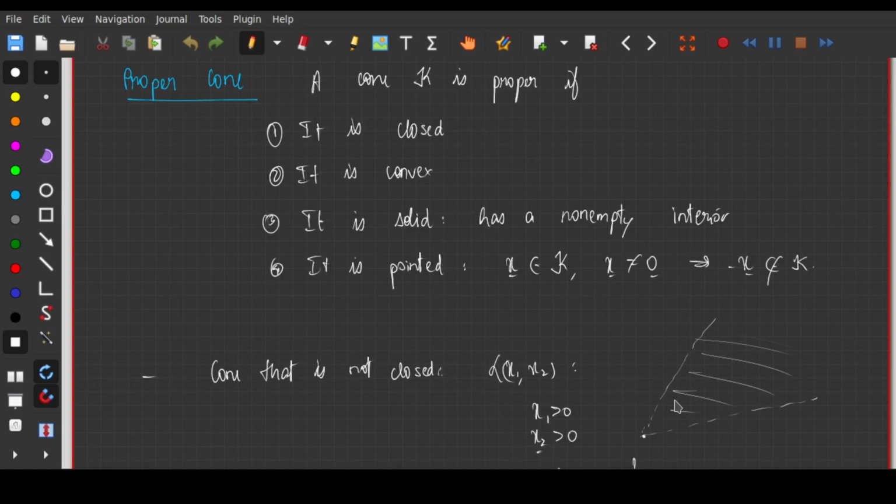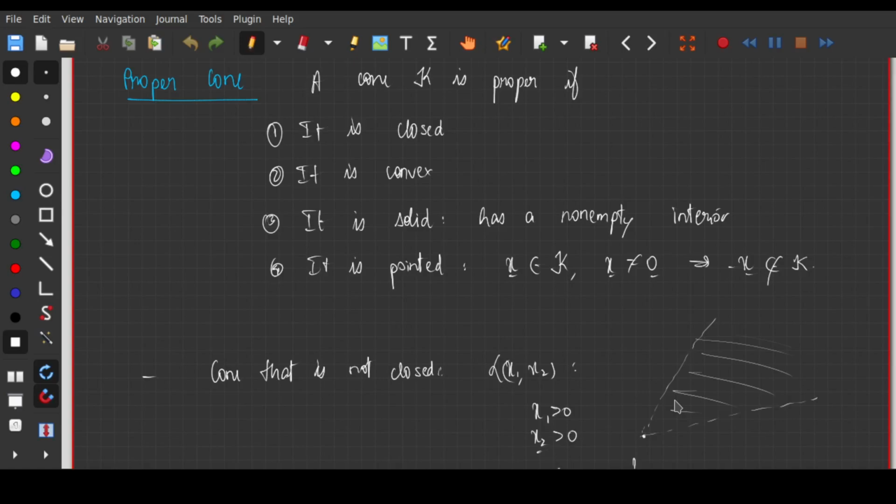It doesn't matter what the radius of this ball is, as long as you can find an n-dimensional ball of non-zero radius which is fully contained in K. So it's a solid cone.